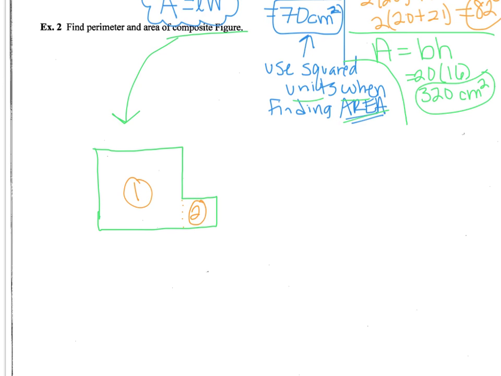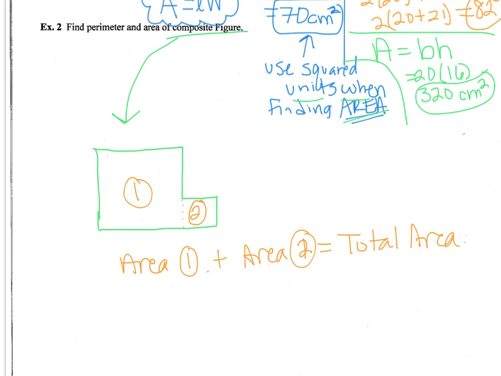So a composite figure, what we're going to do when we get there is we're going to say the area of number 1 plus area of 2 equals total area. Okay, they are pretty labor intensive, and we will get into that later.